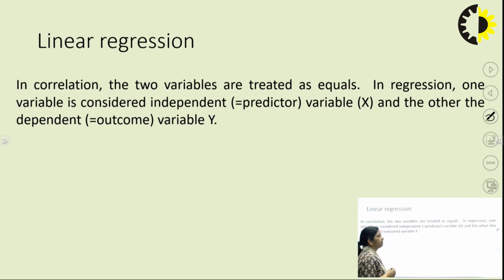So both were taken as equal. But in regression, one variable is considered independent and the other is considered dependent. The independent one is the input, the predictor, and the output is the outcome variable, that is y. So x is the predictor and y is the predicted, the outcome.